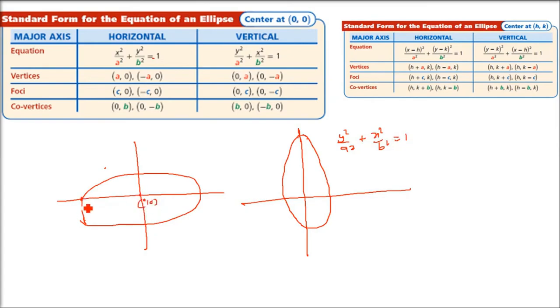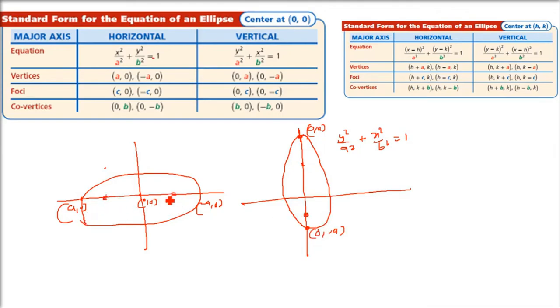The vertices of the horizontal ellipse were what? (Minus a, 0) and (a, 0). Now the vertices of this will be (0, a) and (0, minus a), because we have changed the axis. So x will become y, y will become x. There will be only this change.